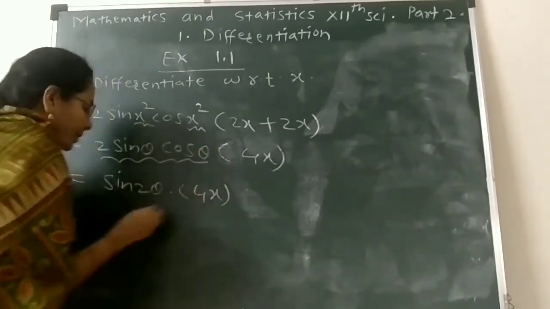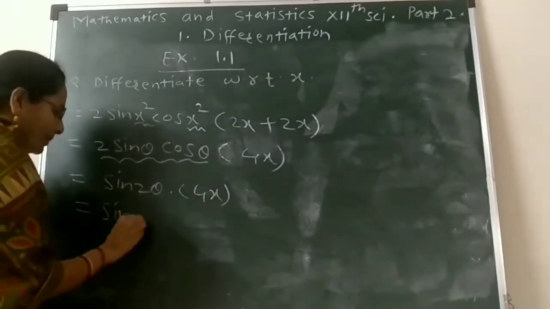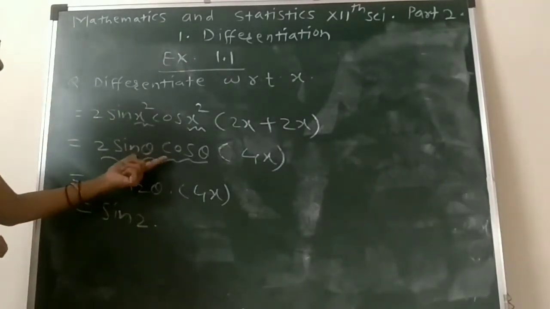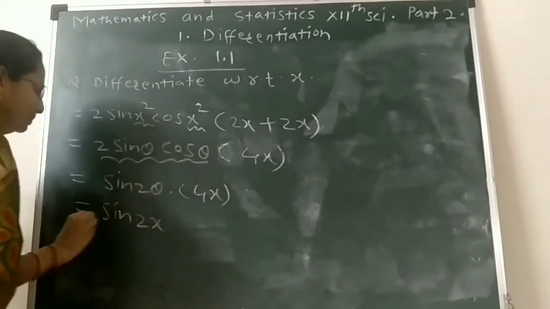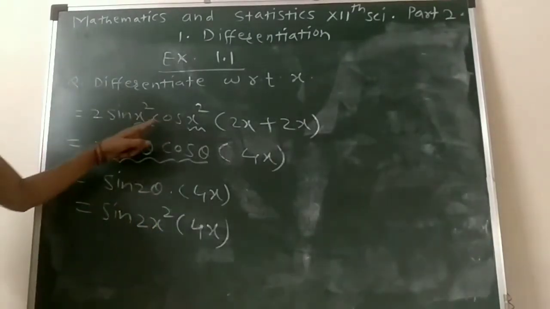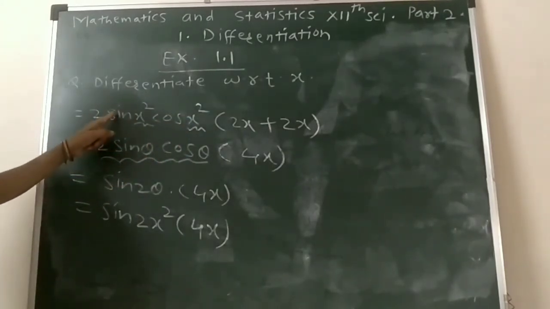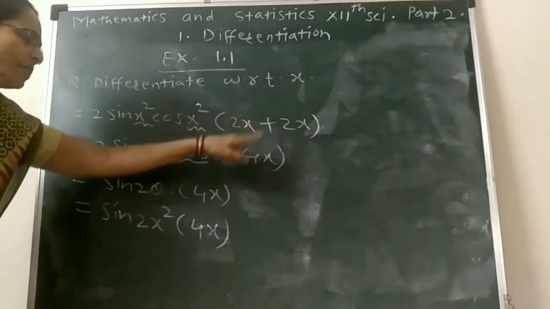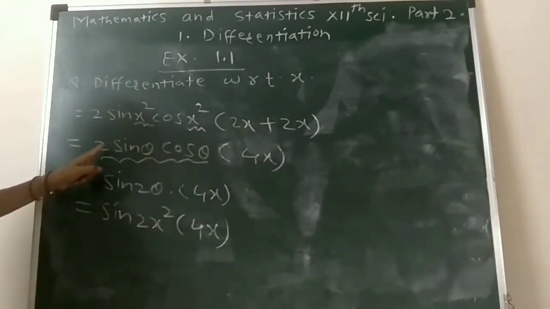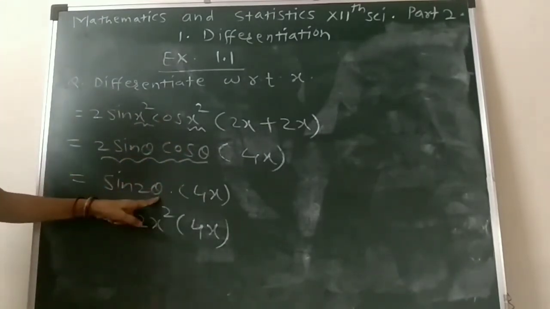For this x square we write theta. So 2 sin theta cos theta, 2x plus 2x is 4x. 2 sin theta cos theta is the formula sin 2 theta.